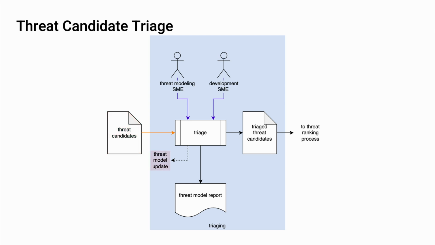Non-applicable threat candidates are used to update the element's threat model to account for their use case. All valid threats form the list of triaged threat candidates. These will be fed into the standard threat ranking system. The threat ranking system is described in the threat prioritization plan material. A threat model report is generated, which tells us what the disposition of the threat modeling exercise is.